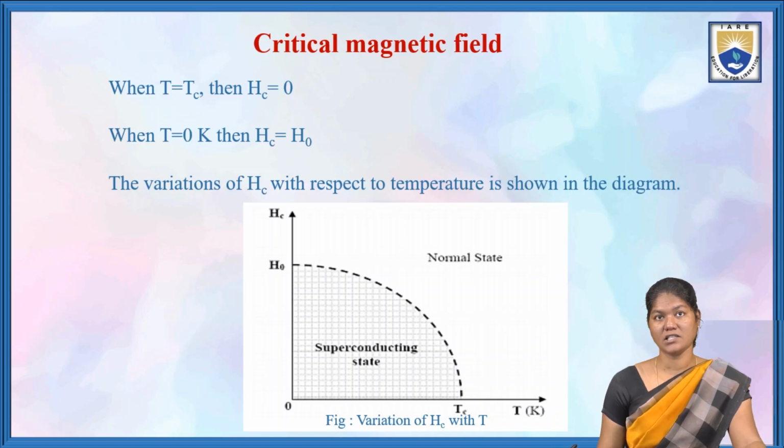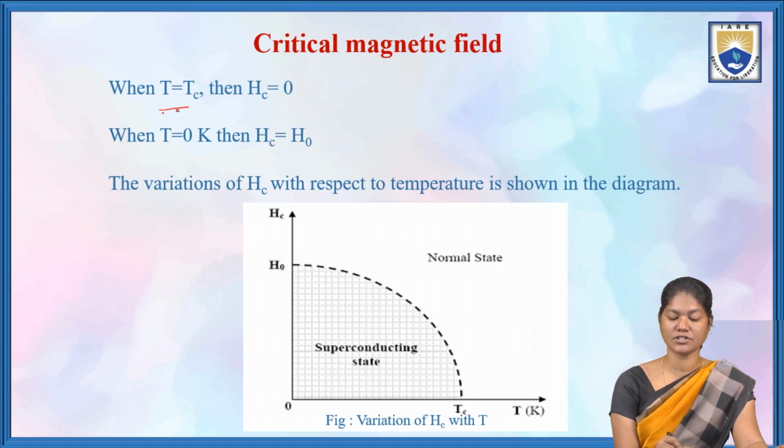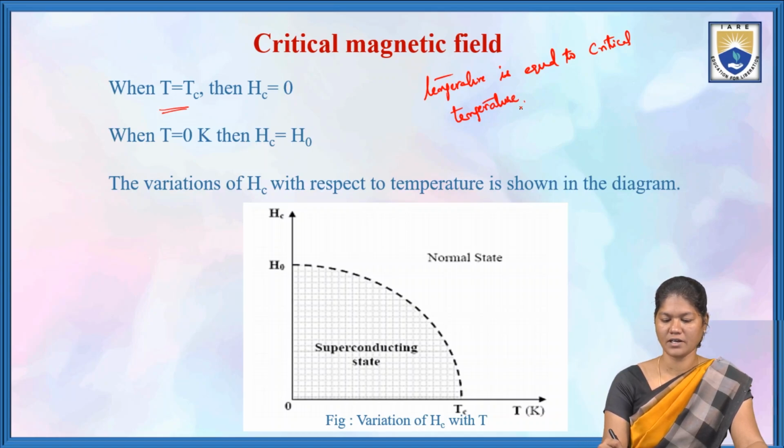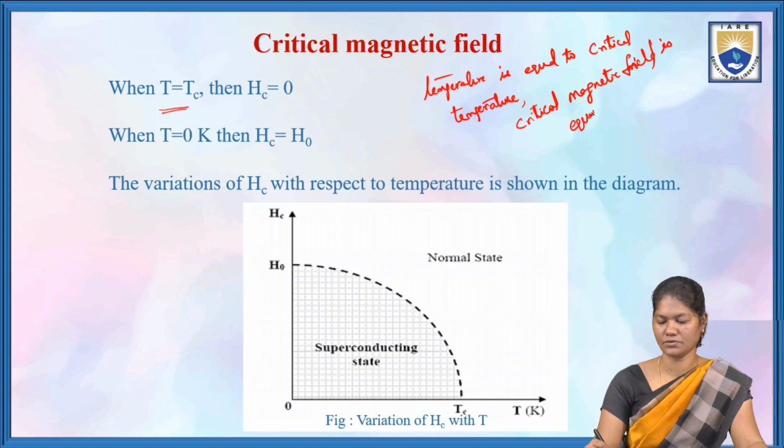So when T is equal to Tc, that is, when the temperature is equal to the critical temperature, then the critical magnetic field Hc is equal to 0.